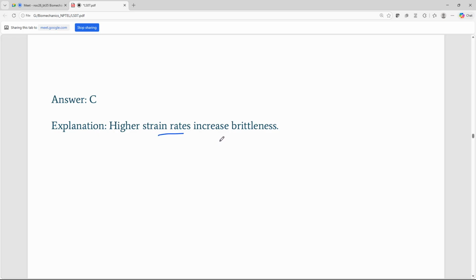So when impact loading or rapid loading is done on bones, it will act more like a brittle material.